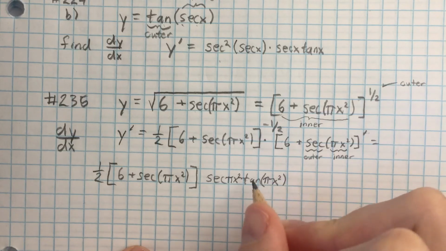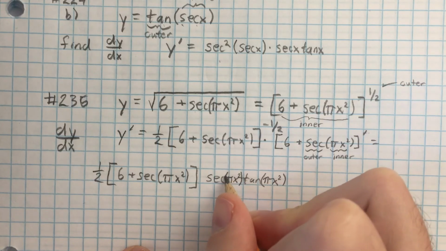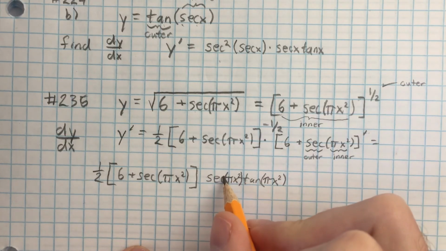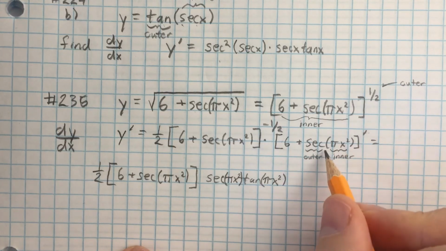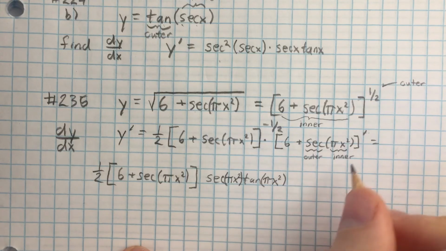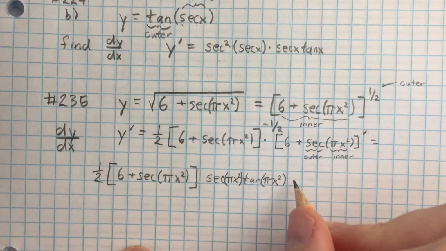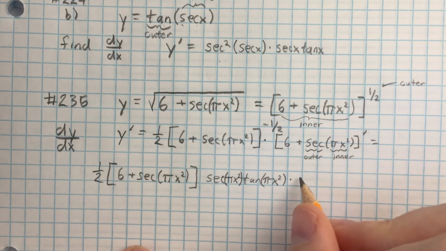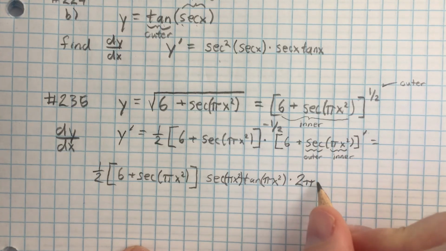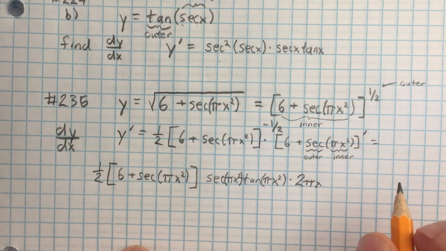And I'll use parentheses just to show the composition there. So I have secant pi x squared tan pi x squared as the derivative of outer with inner left unchanged. But to complete the chain rule on this piece, I need to multiply further by the derivative of inner. The derivative of inner should just be 2 pi x, according to this power rule.